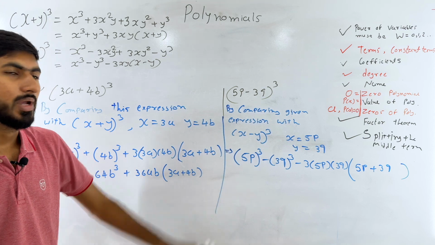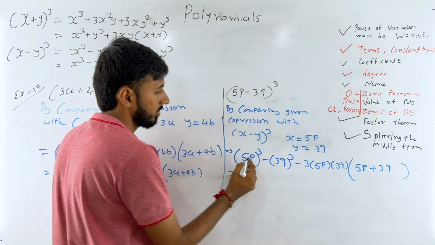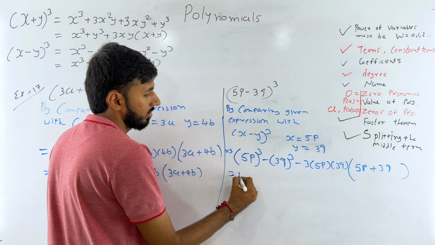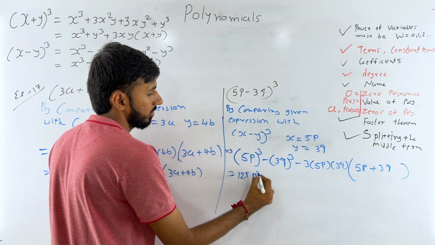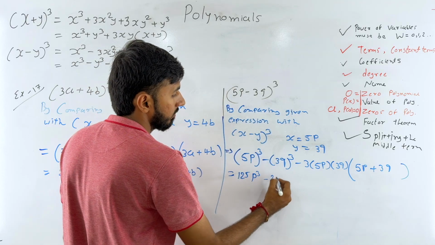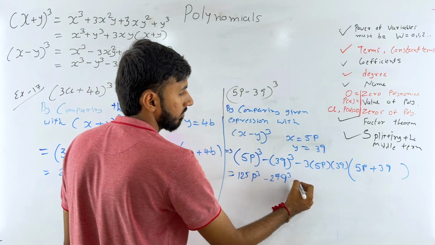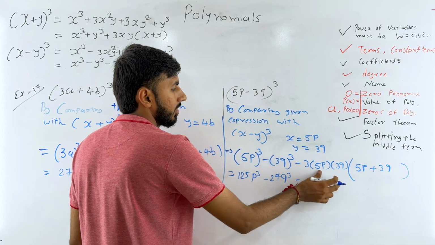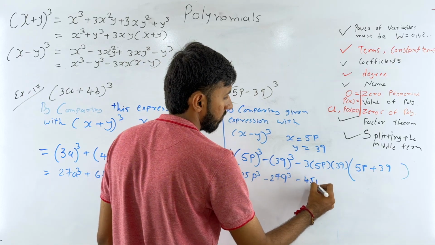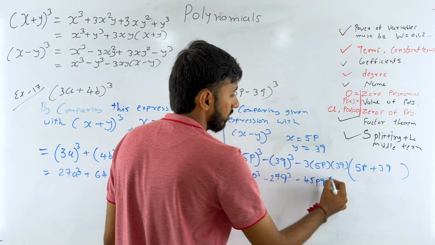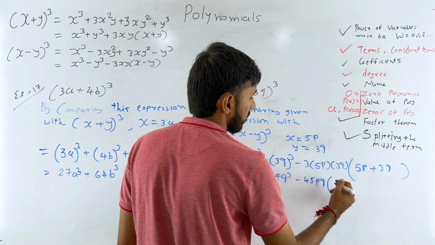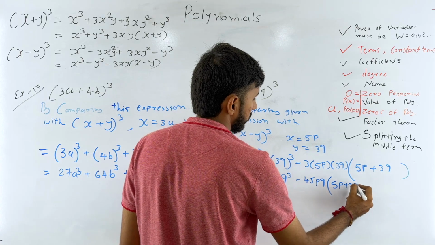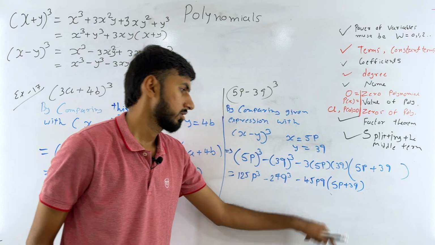By using the identity, my answer will be this. Now just simplify it. By simplifying it, my answer will be 125p cube minus 27q cube minus 3 3s are 9, 9 5s are 45p cube. In the bracket, I have to write 5p minus 3q as it is. So it will be your answer, right?